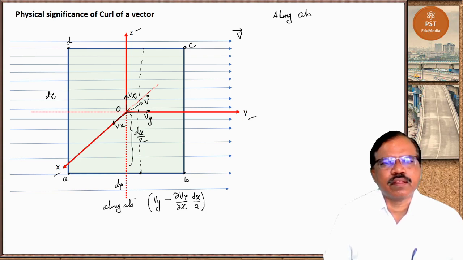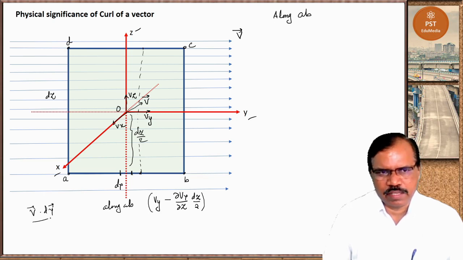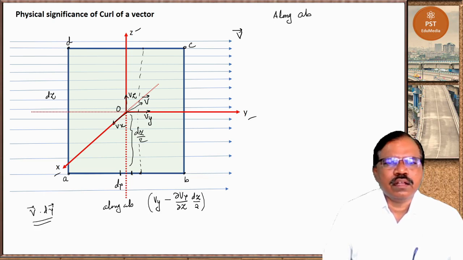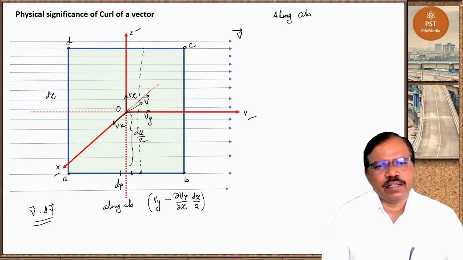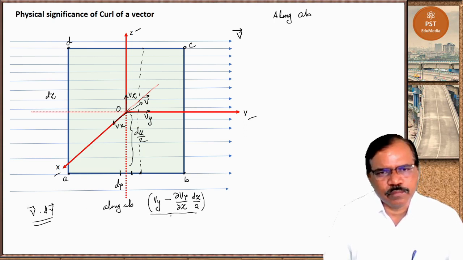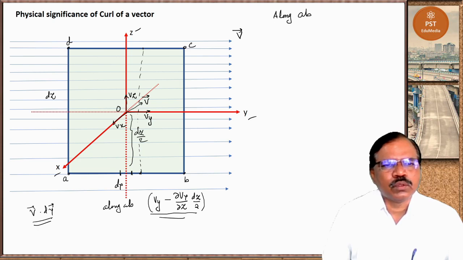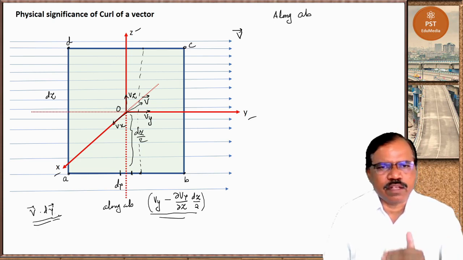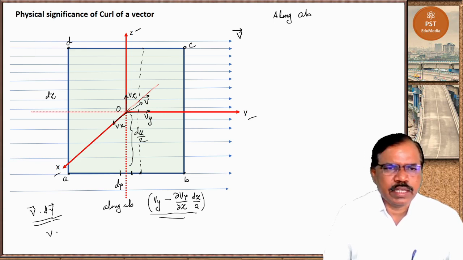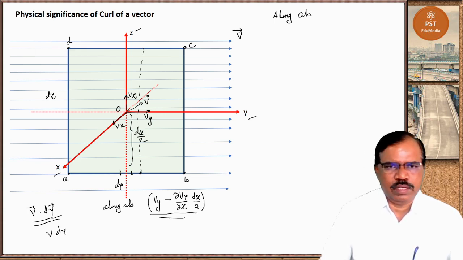Along AB, AB is small, dy. So we take V dot dl, which here means V dot dy. Since we have taken the y component of the vector field, the angle between dy and the y component is 0 degrees, so we get V dy only.